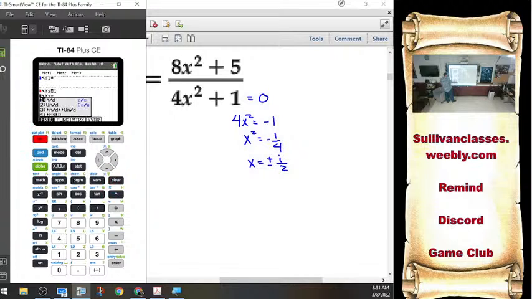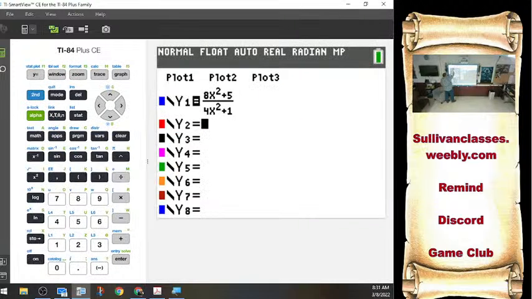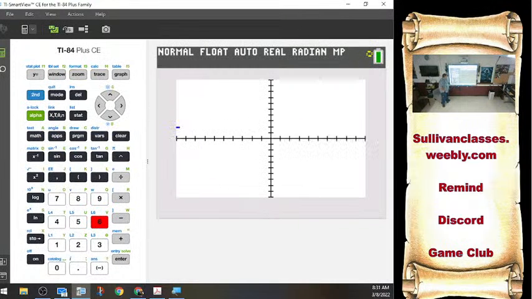Clear. We'll say 8x squared plus 5 over 4x squared plus 1. Clear this out. Okay. I heard looks like 2.